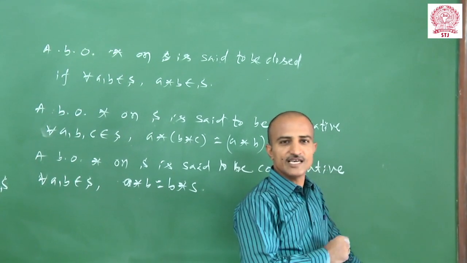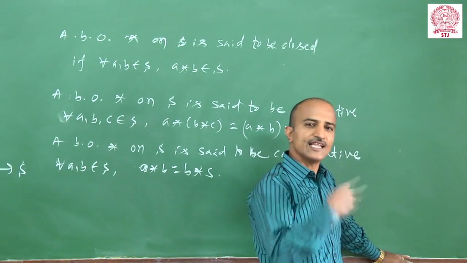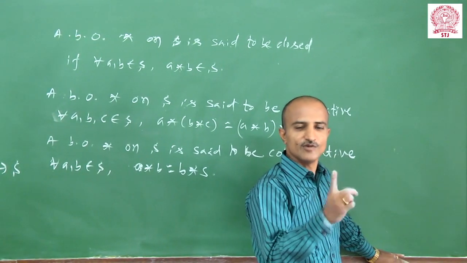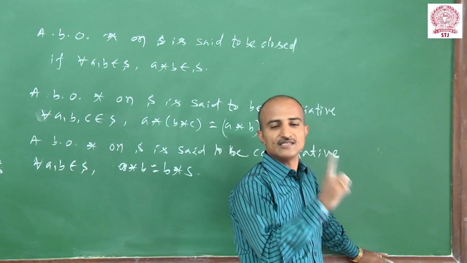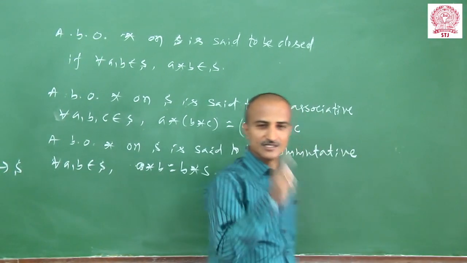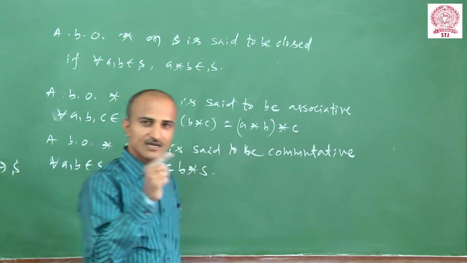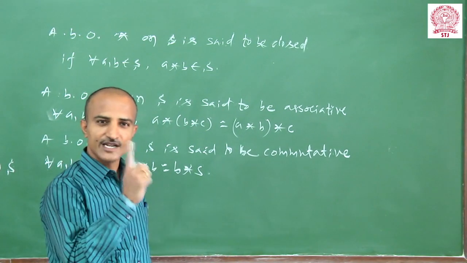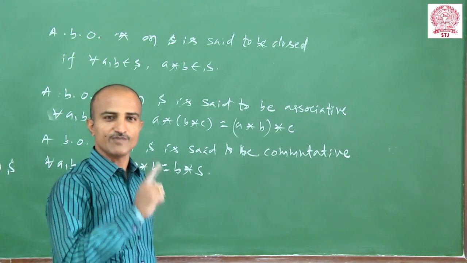Similarly, under multiplication, whenever we multiply any element with 1, we will get the same element. Therefore, 1 is an identity element under multiplication. 0 is an identity element under addition, whereas 1 is an identity element under multiplication.